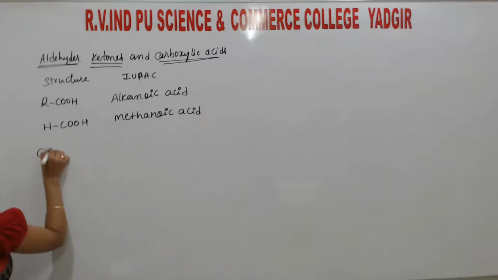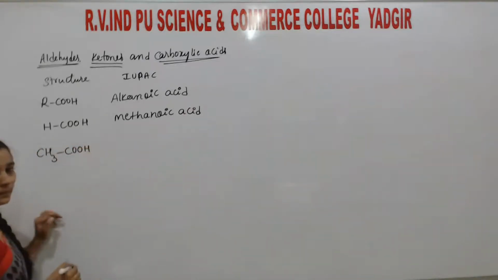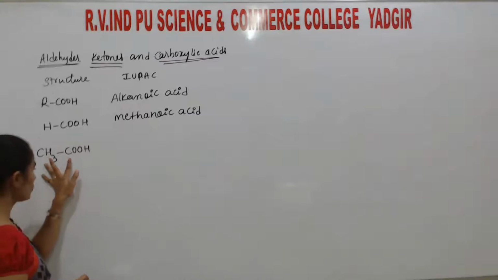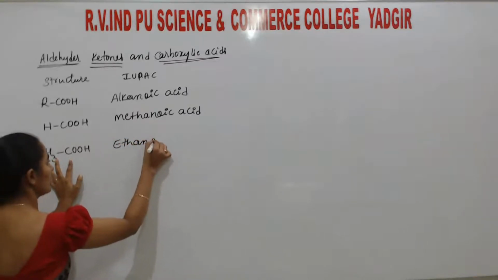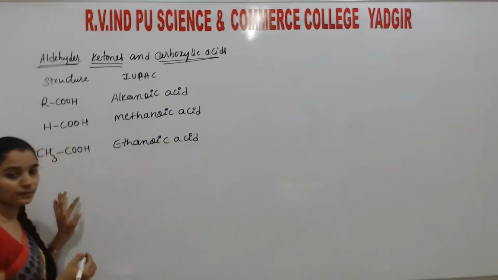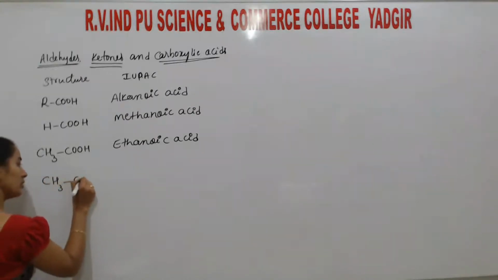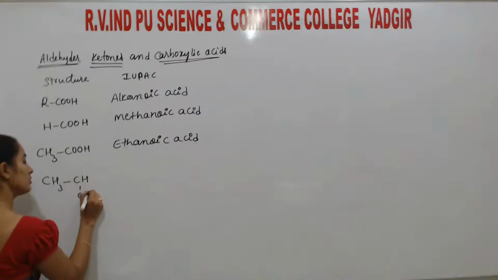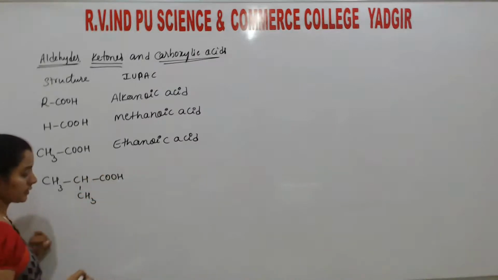Next, CH3COOH. This has 2 carbon atoms, that is ethane. That means ethanoic acid. Okay. Next, CH3CH(CH3)COOH.